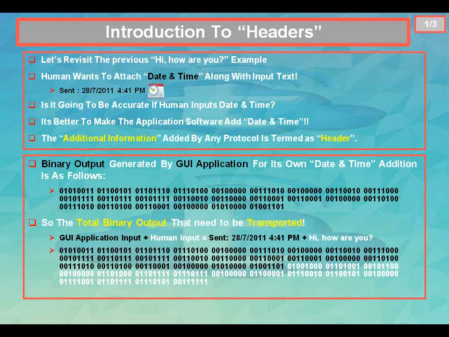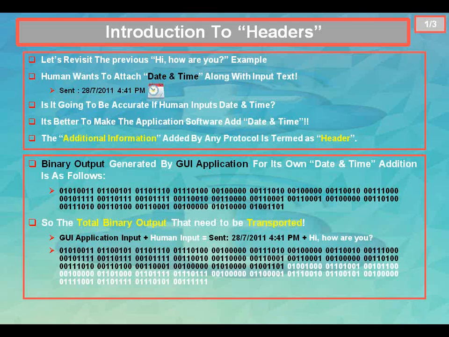The sender knows that date and time must be attached as a 20 byte header. The receiver must also know that the header size is 20 bytes, so that the first 20 bytes he converts into date and time and displays it there. The remaining information he converts into English text and displays as human information.